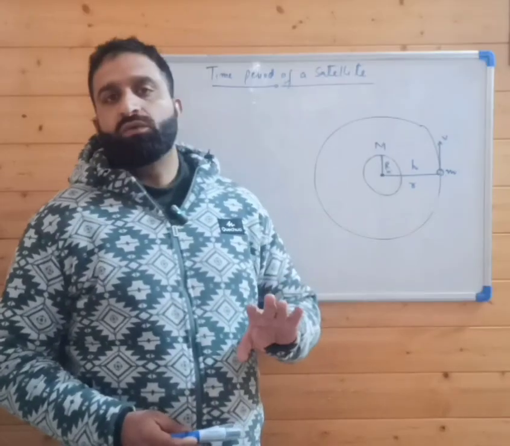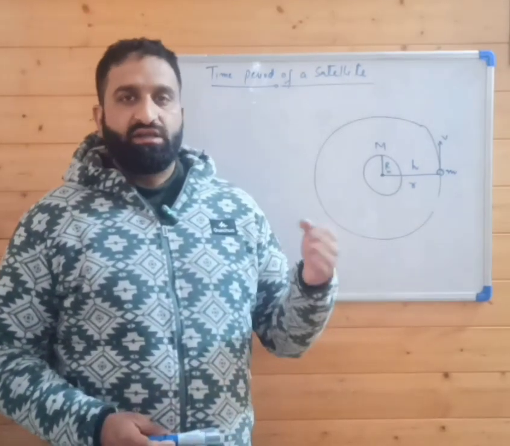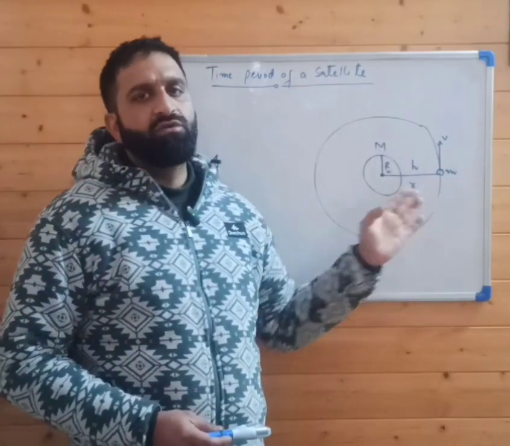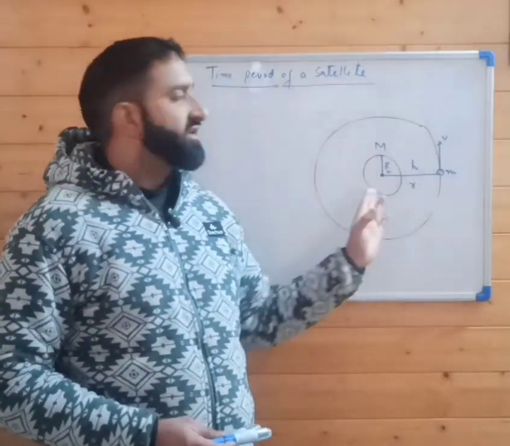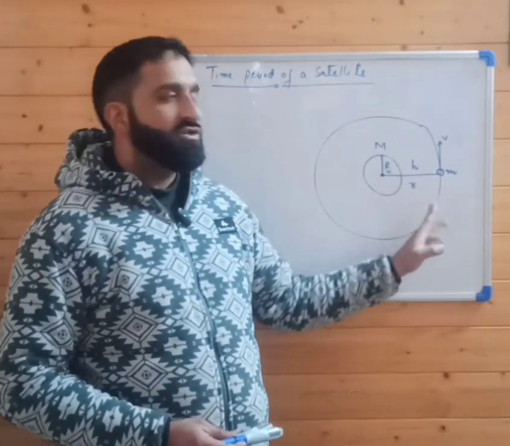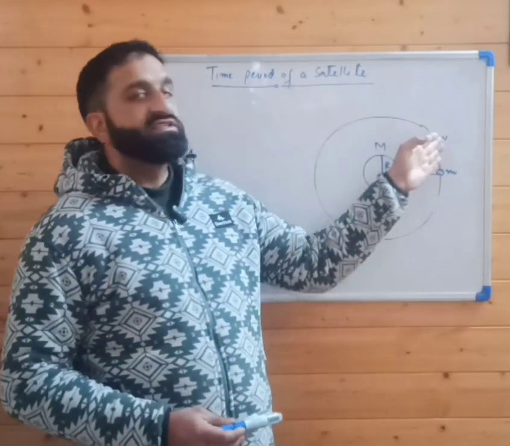We will solve this directly: the time taken will be equal to the distance traveled divided by the speed. The distance traveled in one complete revolution is the circumference of the circle in which it is orbiting. It is orbiting in a circle of radius r, so the circumference is 2 pi r and the velocity is v.